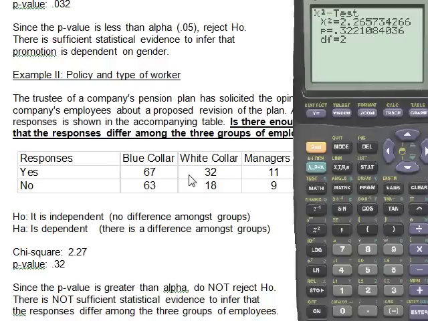Sample results vary, so it's quite likely, a 32% chance. So it's not less than alpha, so there's not enough evidence to infer that there's a difference amongst the groups. Since the p-value is greater than alpha, do not reject H0. There is not sufficient statistical evidence to infer that the responses amongst the three groups of employees differ.